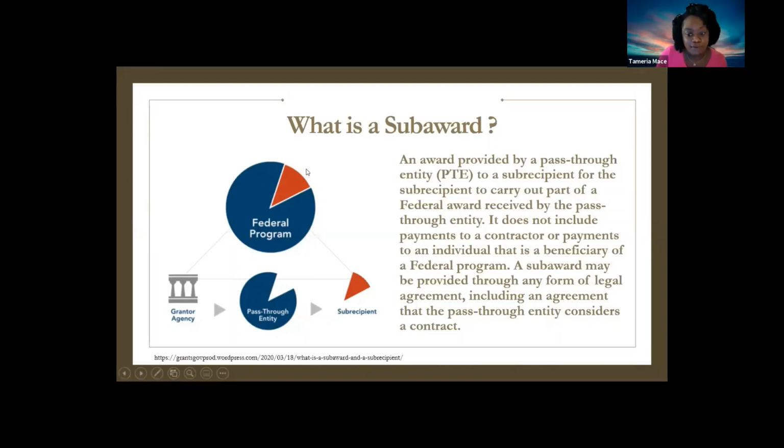A subaward may be provided through any form of legal agreement, including an agreement that the pass-through entity considers a contract. That is very important because here in research, some of our terms are very interchangeable. So no matter if we call them a sub-awardee or subcontract, just know that that is not what determines if it is a subrecipient or a subaward or not.